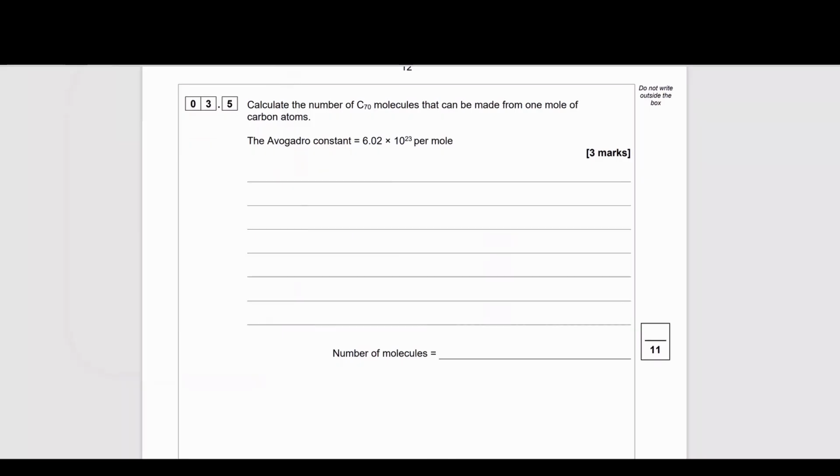Calculate the number of C70 molecules that can be made from 1 mole of carbon atoms. The Avogadro constant is 6.02 times 10 to the power 23 per mole. Right, 3 marks. So, information that they told us then is 1 mole of carbon atoms. Now, what is 1 mole of anything equal to?